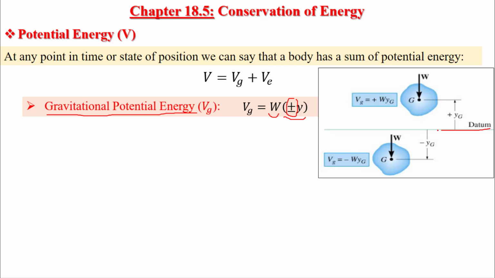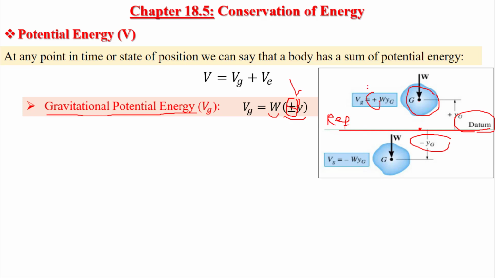For example, if this is our reference, and this rigid body moves a vertical distance from this location to this location, then whenever the rigid body is on top of this reference and the displacement is on top of this reference, we substitute it as positive. If the displacement of the rigid body happens below this datum, then directly we substitute it as minus.